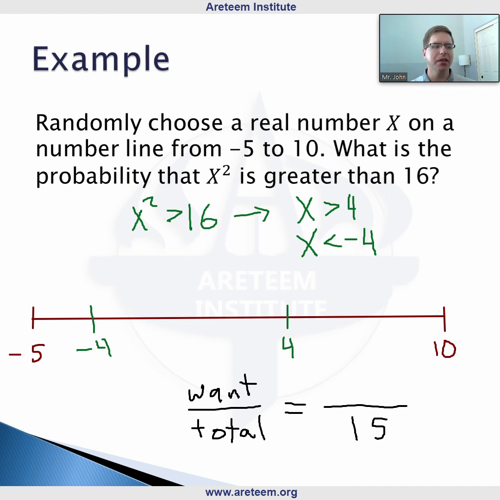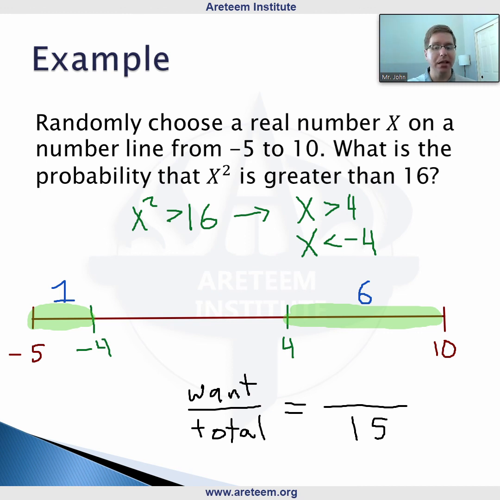And if we think about what we want, we either want to be in this interval here or in this interval here. So if we look at how long those are, remember we want to measure stuff in terms of length. -5 to -4 has a length of 1, so this is length 1 right here. 4 to 10 has a length of 6.